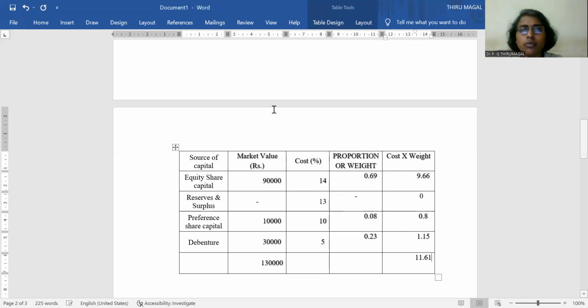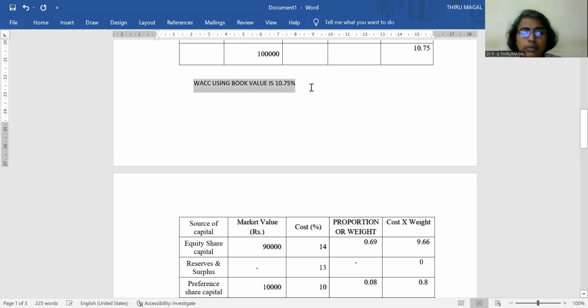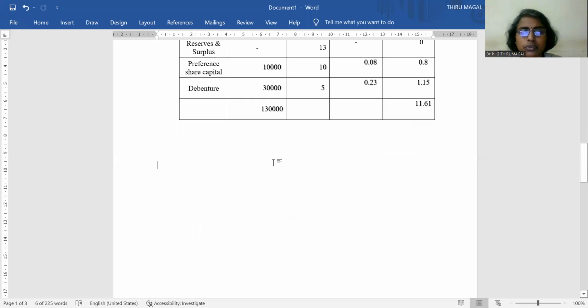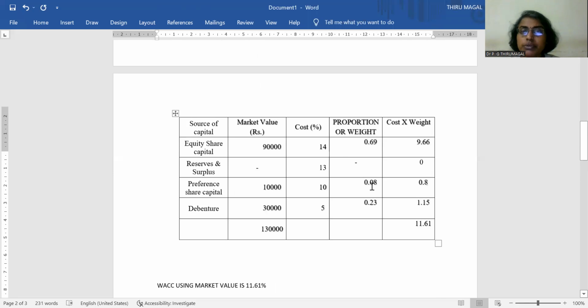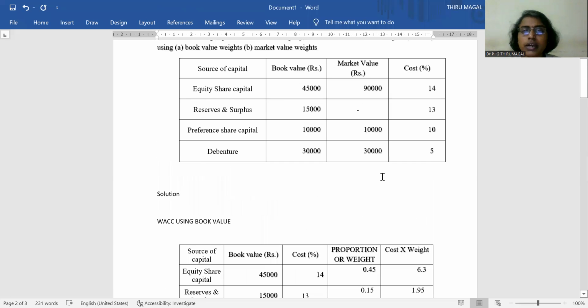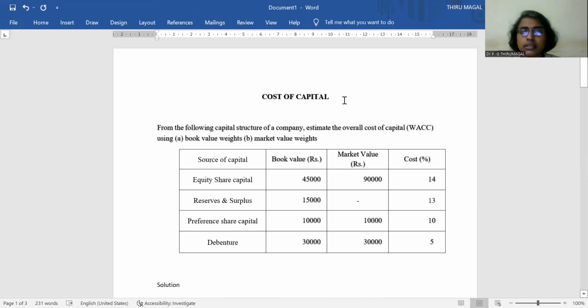So now how to write the conclusion: WACC using market value comes around 11.61. That is what we can write as the interpretation. So this is how the weighted average cost of capital or overall cost of capital can be found out if the book value as well as market value is given separately.